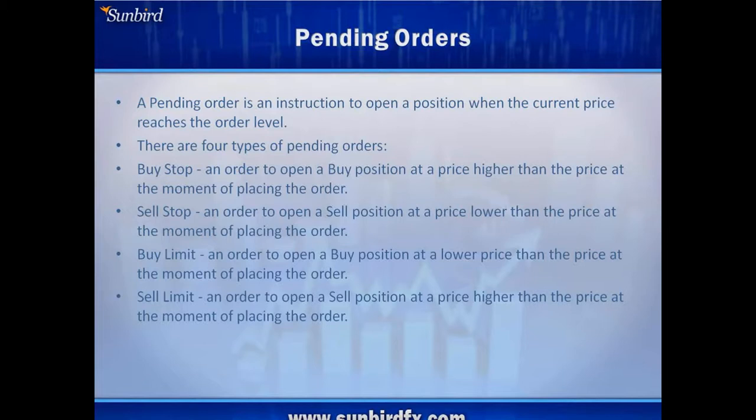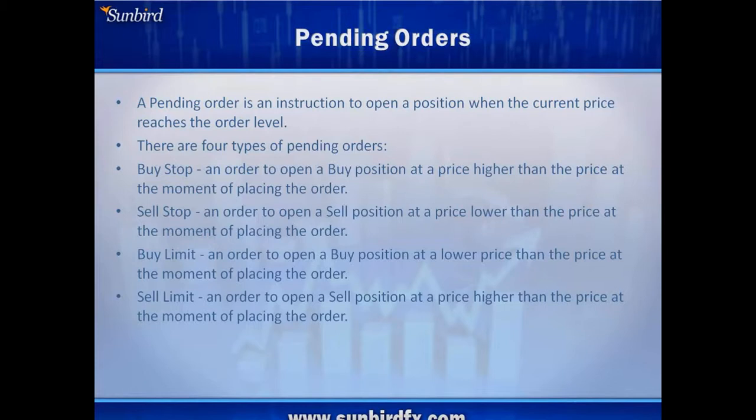Meaning, a buy stop is a buy position at a price higher than the price at the moment of placing the order. Very simple. Let's say the market rate is at 1.5, and you want to put a buy stop at 2.0. 2.0 is a rate higher than the current market rate.